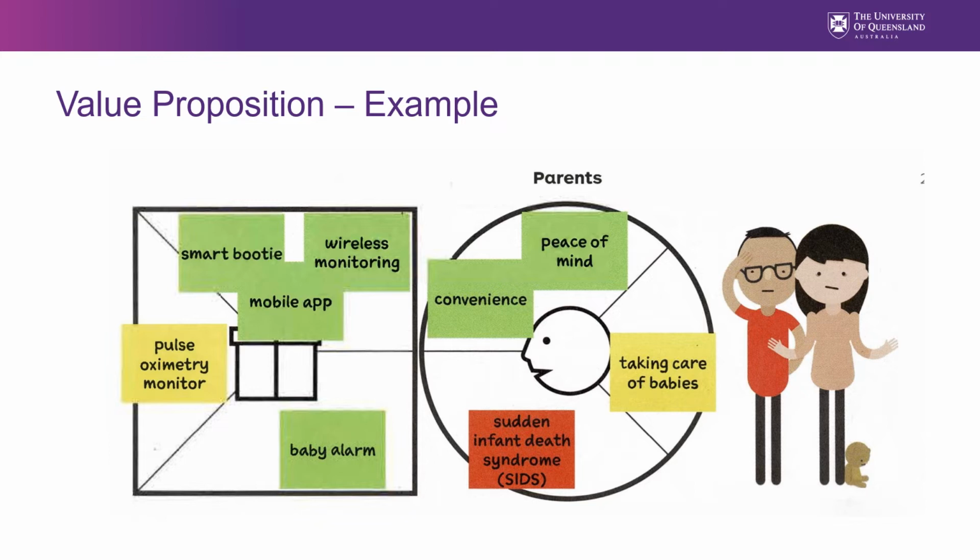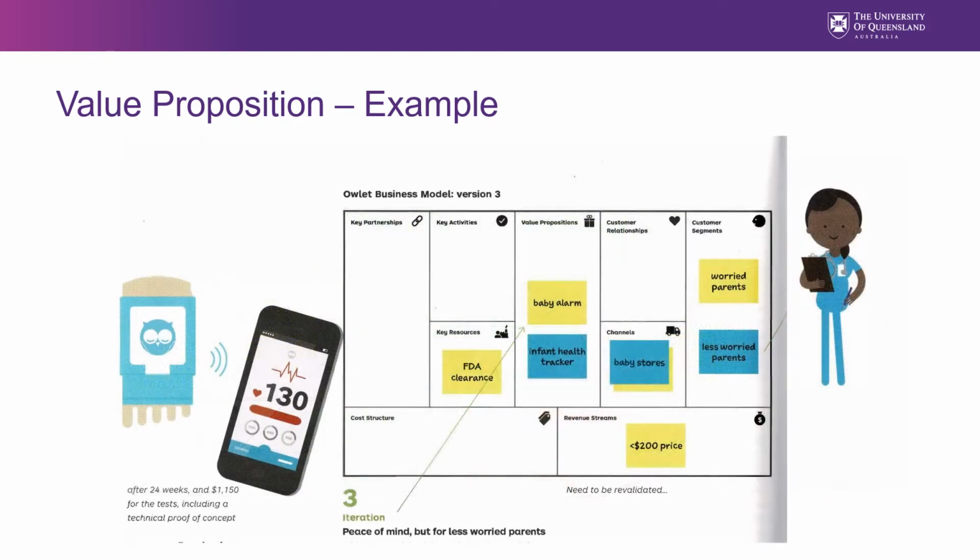At this point they were all excited and it seemed to be going well. However, they then discovered that the Food and Drug Administration, so the FDA, clearance for a baby alarm for 1 year is $120,000 to $200,000. So they pivoted again. Peace of mind, but for less worried parents.